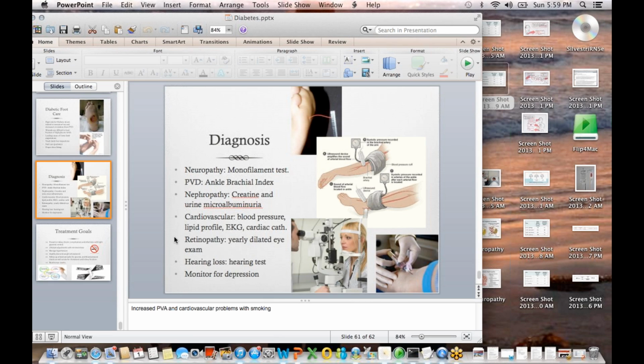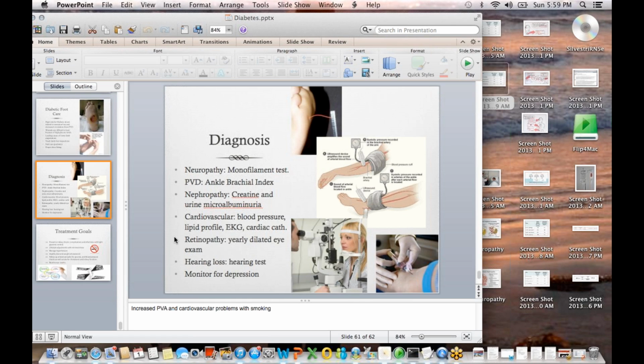So, different diagnostics to test for neuropathy. They have the monofilament test, which is the picture at the top. If they can't feel that, they have decreased sensation, and it's indicative of neuropathy. For PVD, the ankle brachial index, which we talked about before.